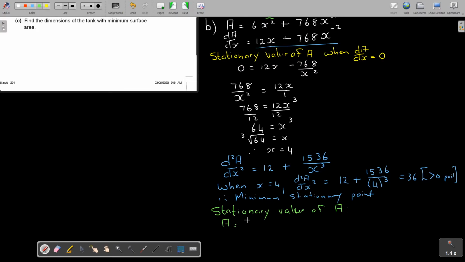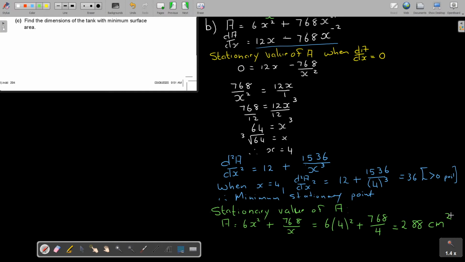Okay, so basically it's just going to be 6x squared plus 768 over x. I didn't substitute yet, so it's 6 times 4 squared plus 768 over 4, and my answer will be 288 cubic centimeters.